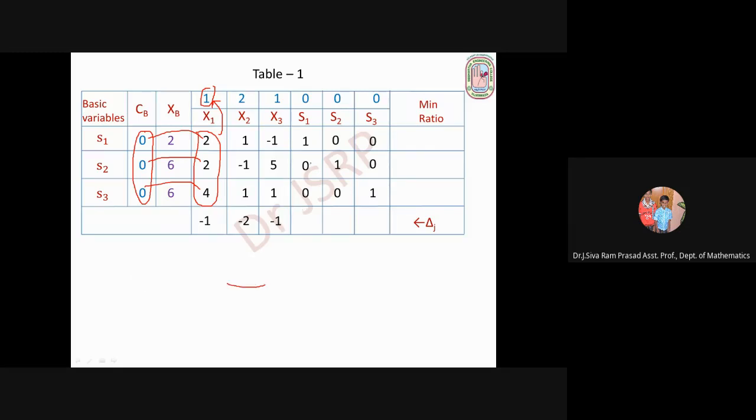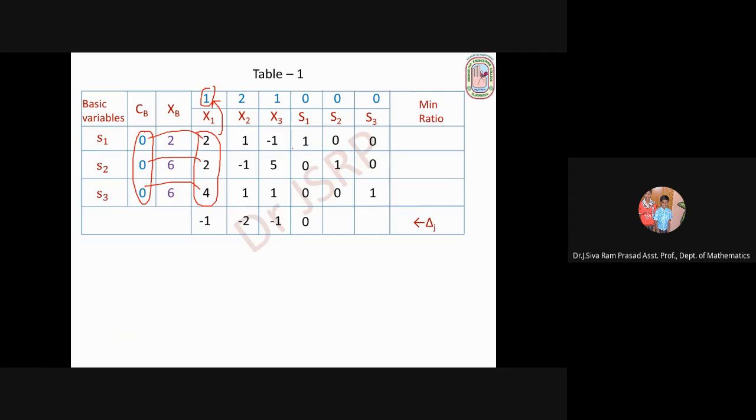What about delta value for S1? 0. So for basic variables, the delta value is always 0.